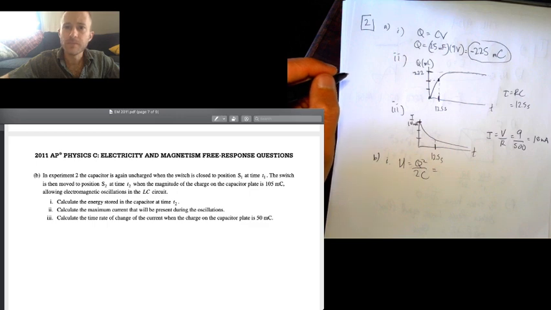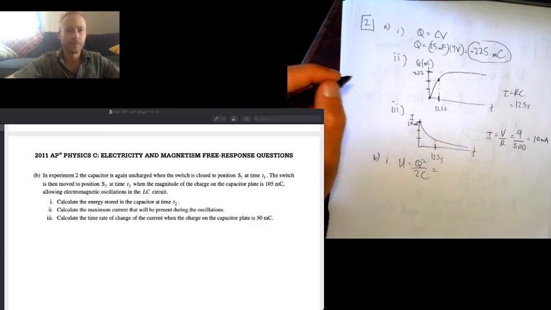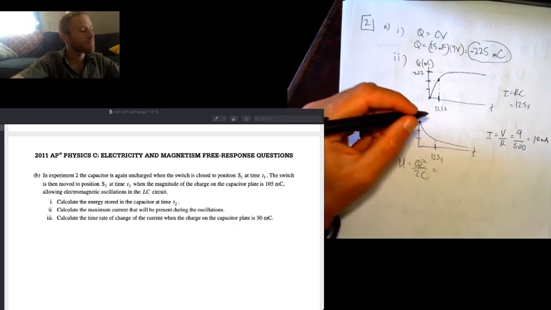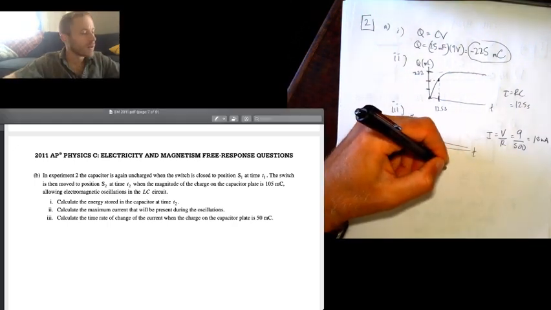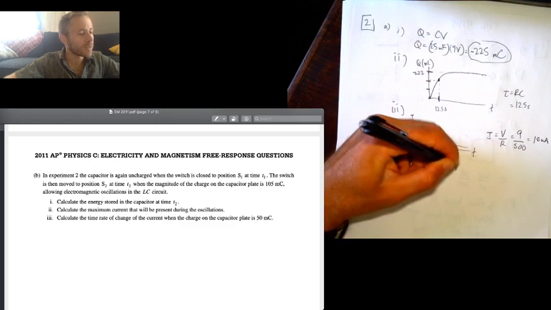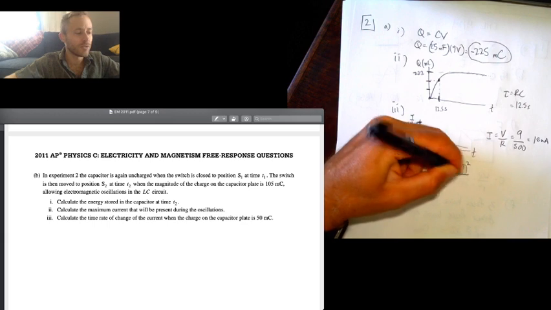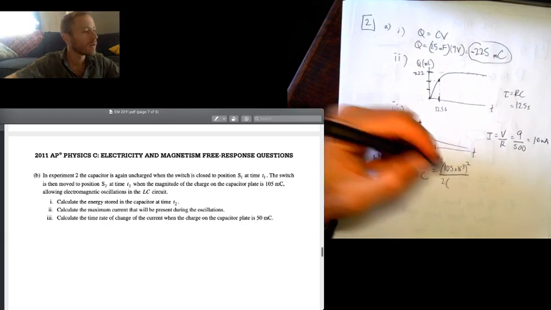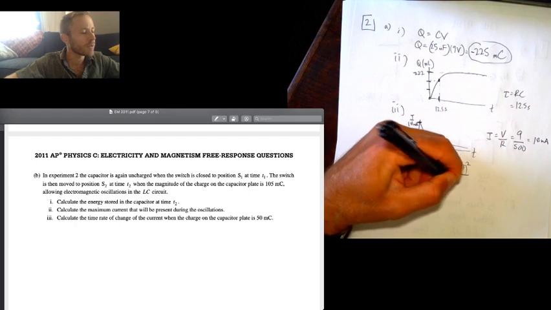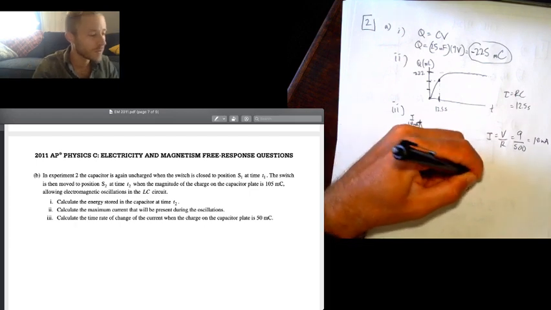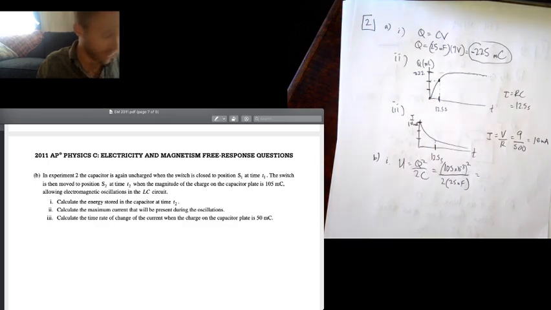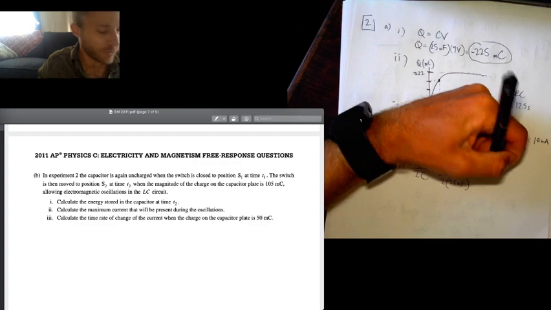So that gives us 105 times 10 to the minus 3, squared, divided by 2 times the capacitance, which is 25 millifarads. So we have (105 times 10 to the minus 3) squared divided by 2 divided by 25 times 10 to the minus 3. That gives us 0.22 joules.